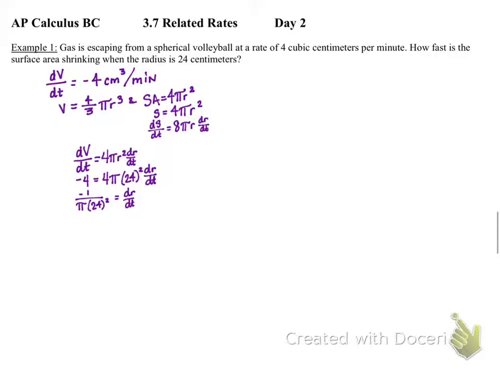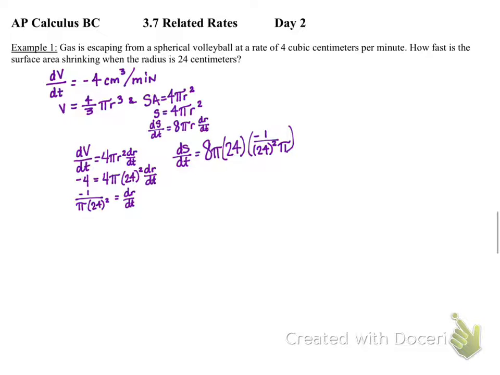You might not have to. I'm a big fan of factoring. Here we have 8 pi, and our r value was 24, and our dr/dt was -1 over 24 squared pi.